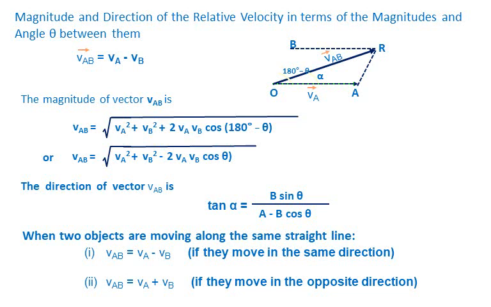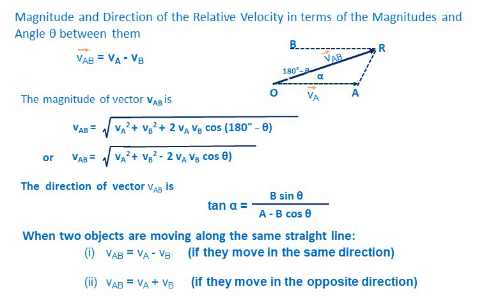As is clear in the figure, OA represents VA, so VAB will be from O to R, and the magnitude of VAB will be equal to the square root of VA square plus VB square plus twice VA VB cos of 180 minus theta, or you can say simply VA square plus VB square minus twice VA VB cos theta, and the direction of the relative velocity vector will be given by angle alpha.